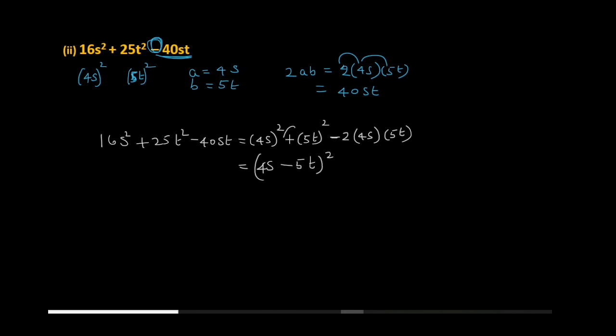Don't give the sign of the square term. You should give the sign of the middle term, which is nothing but (4s minus 5t) the whole squared. This is the factorization of the given expansion.